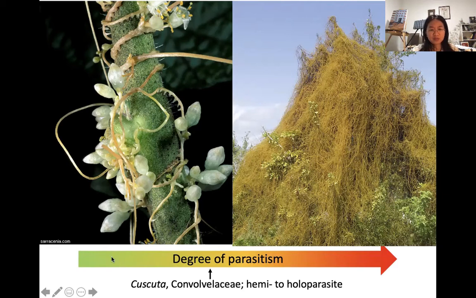And on this spectrum of parasitism, we will likely place it at some middle point, where it represents a transition from a lower level of host dependence to a higher level of host dependence.